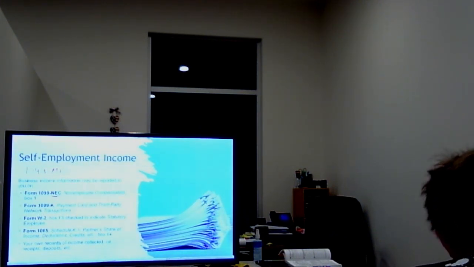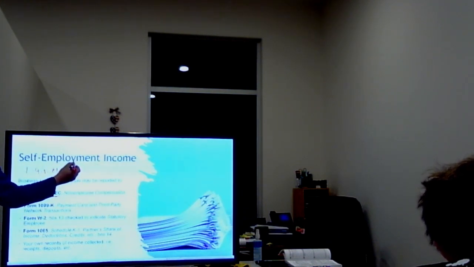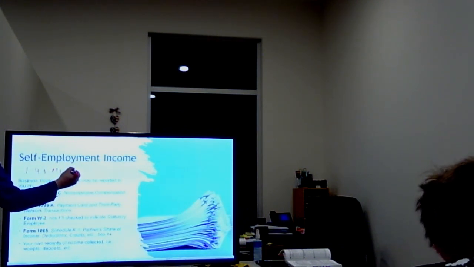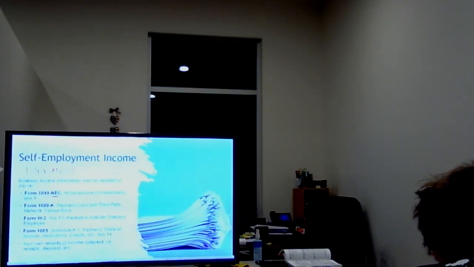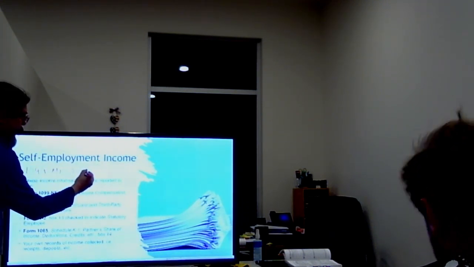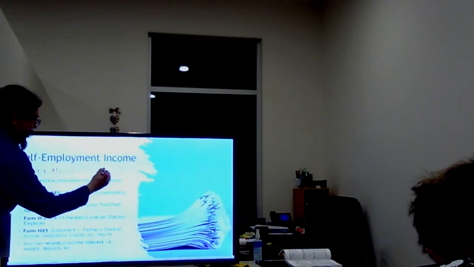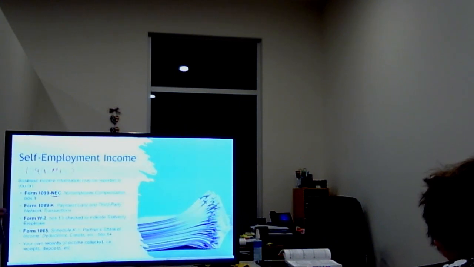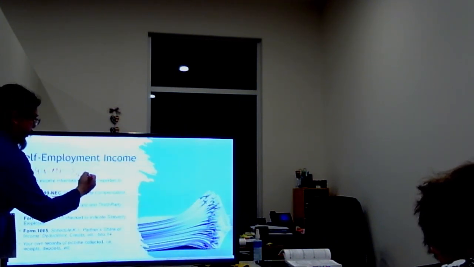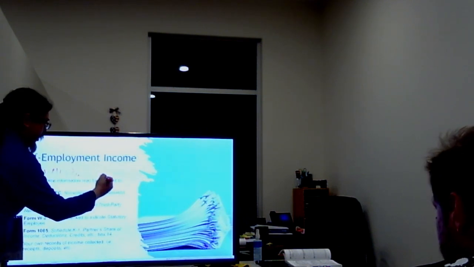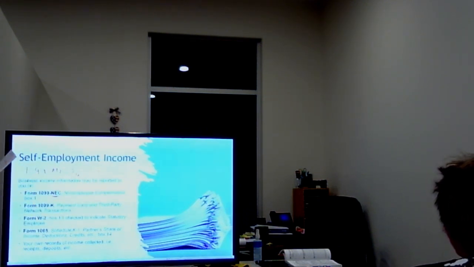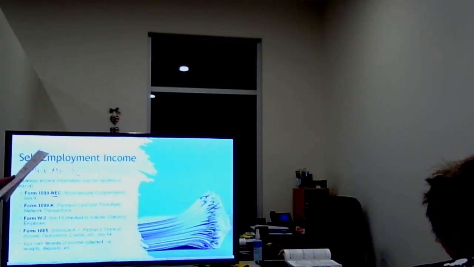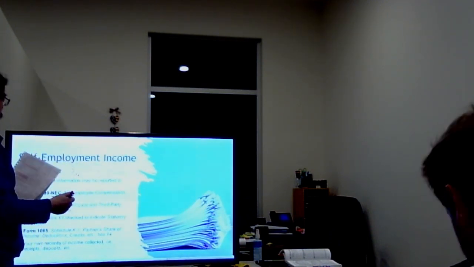And the other two that might show up here, it's actually 3. So the other 3 that might show up here are fishing boat proceeds, and medical and healthcare payments, and there's a couple more.